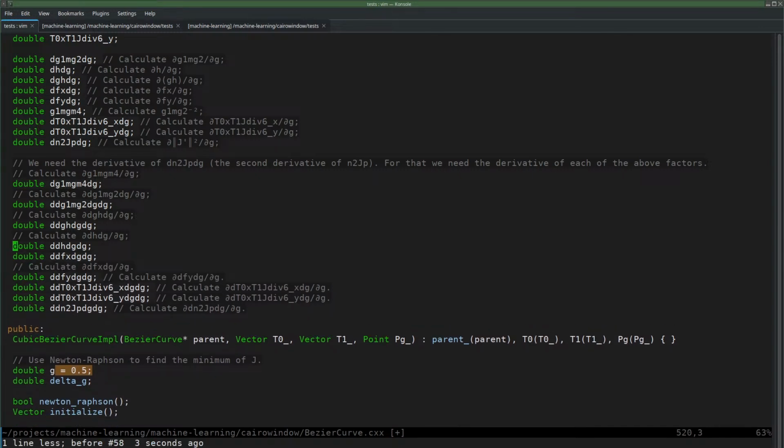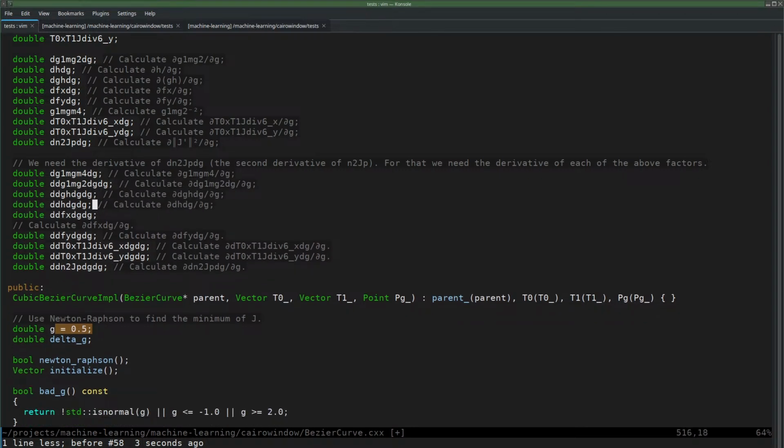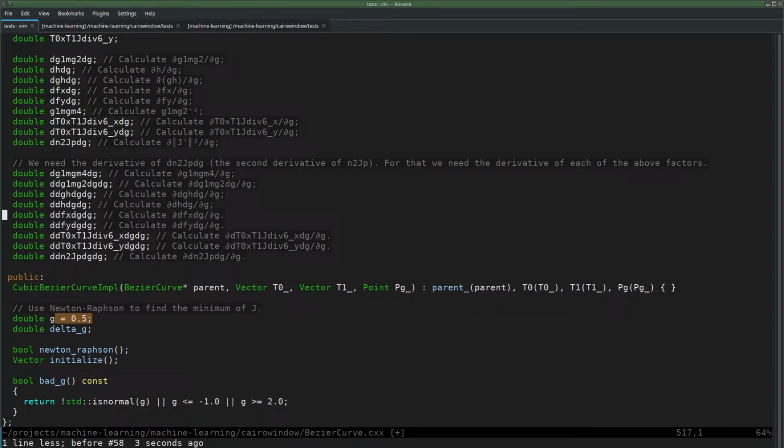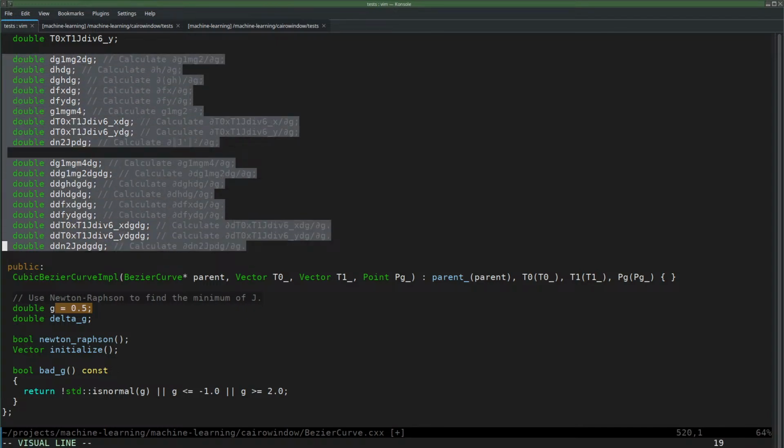Delete print, delete print, delete print, delete print, delete print. Join, join, join, join, join. And then let's clean up a little bit.